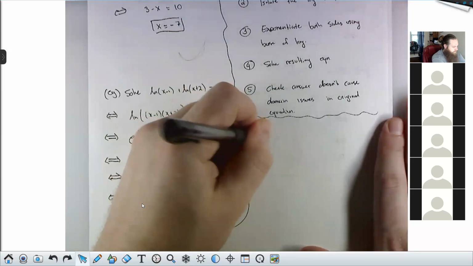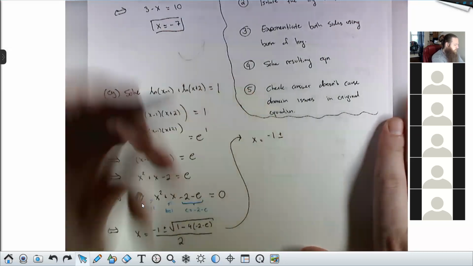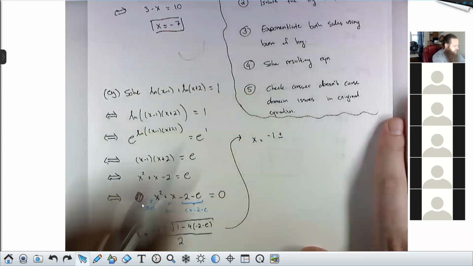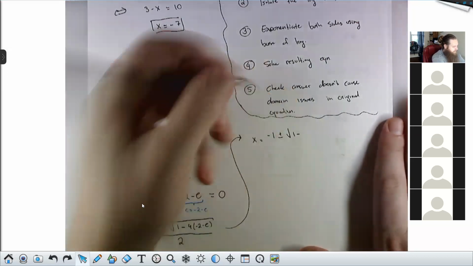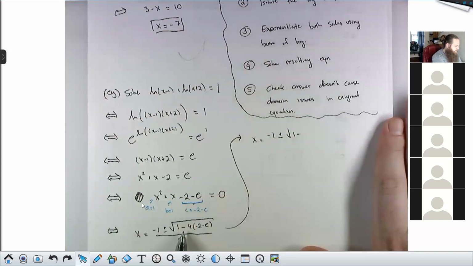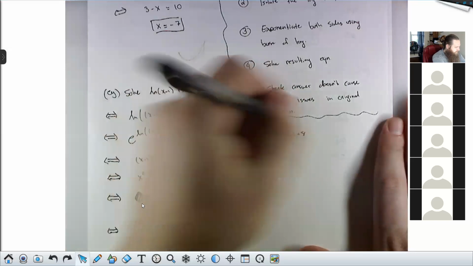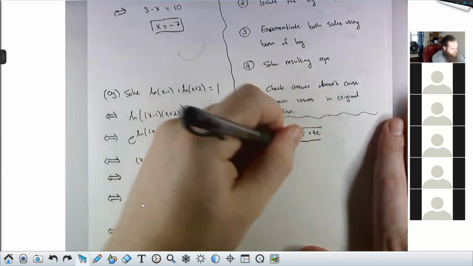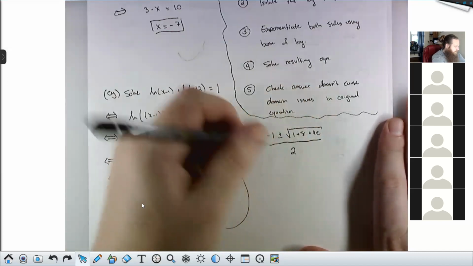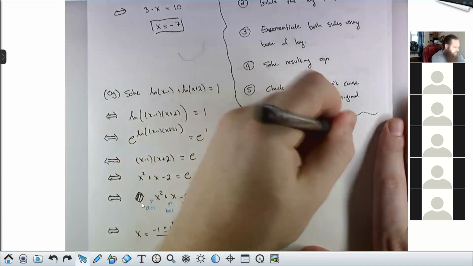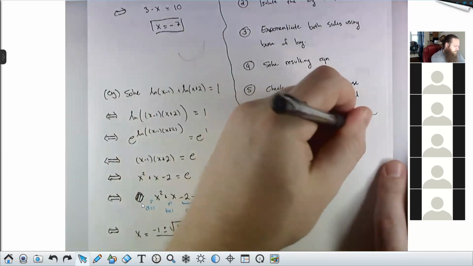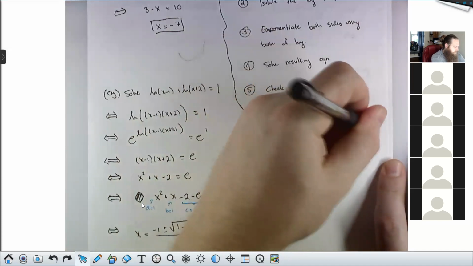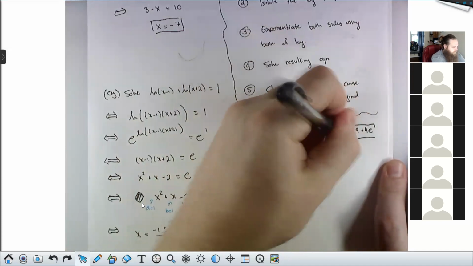So that's x equals negative 1 plus or minus the square root of 1 minus, we'll do the distribution here, and I'll distribute the negative and the 4. So negative 4 times negative 2 is plus 8. And then negative 4 times negative e is plus 4e, all over 2. And that is negative 1 plus or minus the square root of 9 plus 4e, all over 2.